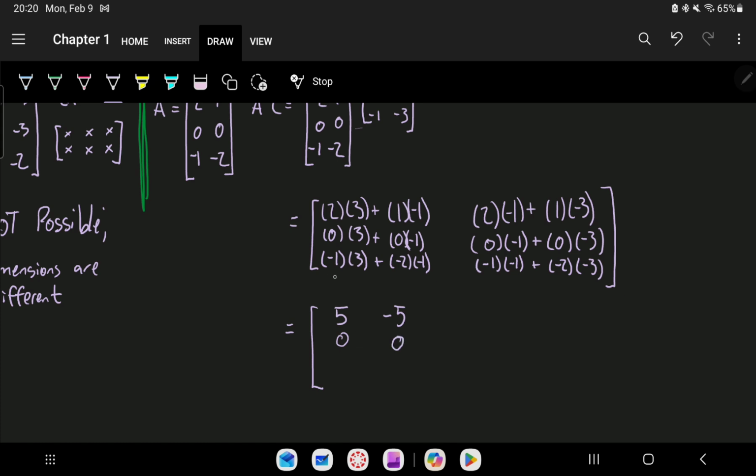But for the last row, we are going to have a -1 times 3, so a -3, plus -2 times -1, which is a +2, so that's going to be a -1. And finally, -1 times -1 is 1. -2 times -3 is 6. So we have a 7 here. Normal matrix. See what I mean?